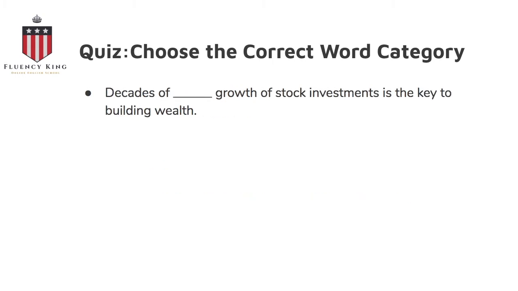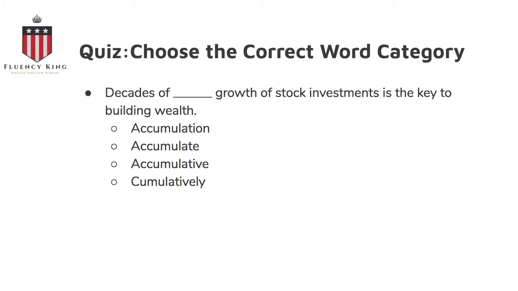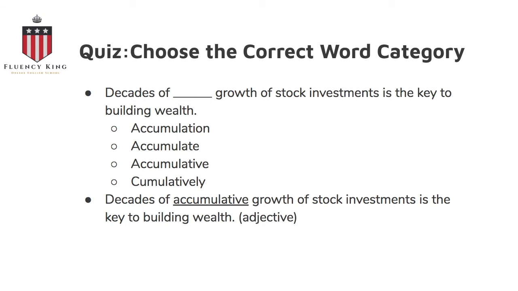Next one, decades of blank growth of stock investments is the key to building wealth. Accumulation, accumulate, accumulative, cumulatively. This would be the adjective form. Decades of accumulative growth of stock investments is the key to building wealth.